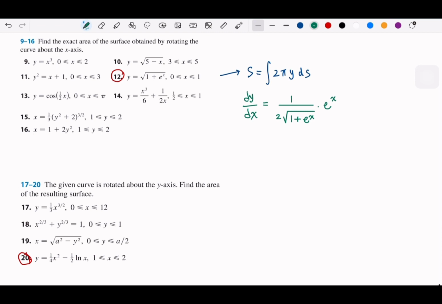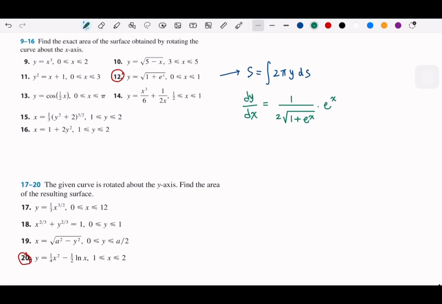This actually comes from the square root of x. If you differentiate, it will be 1 over 2 square root of x. If you have x to the power of half, the half comes down, so 1 over 2, and then the exponent half takes minus 1, so it will be minus half. That's why it's coming down, right? And then the chain rule: the derivative of the inside, 1 plus e to the x, 1 becomes 0, and e to the x is still e to the x. So we multiply with the chain rule, okay?